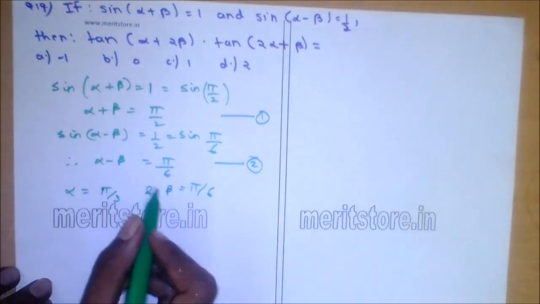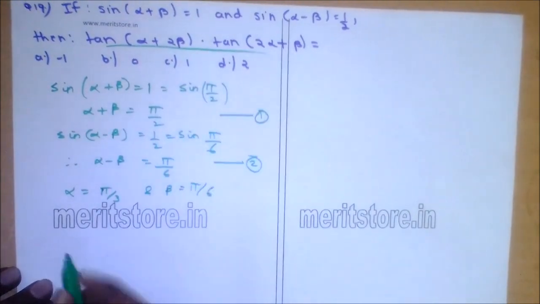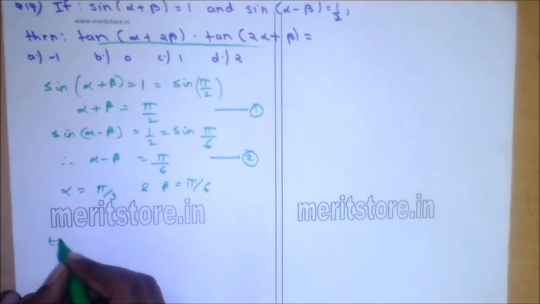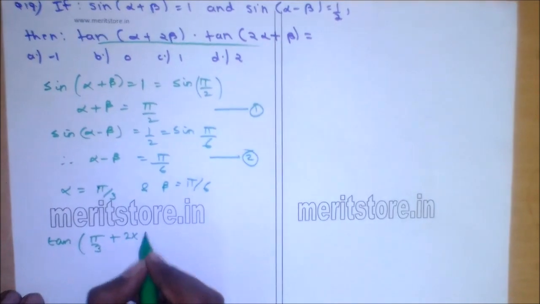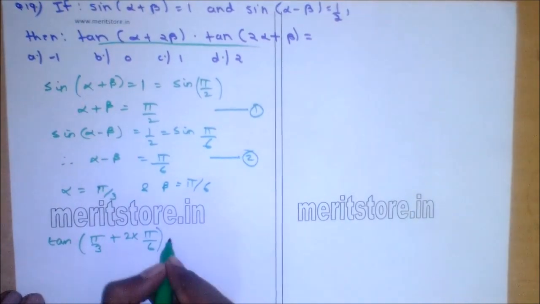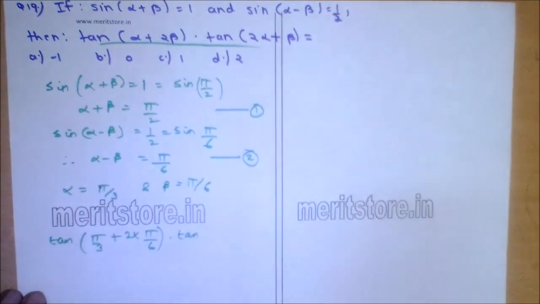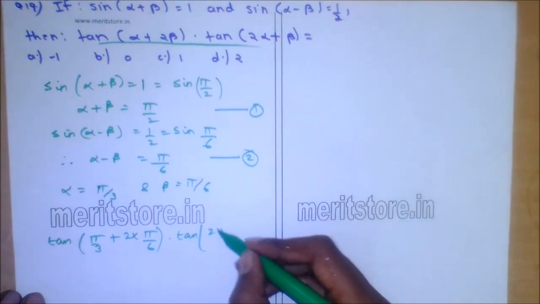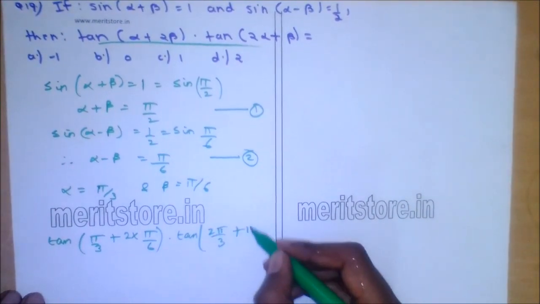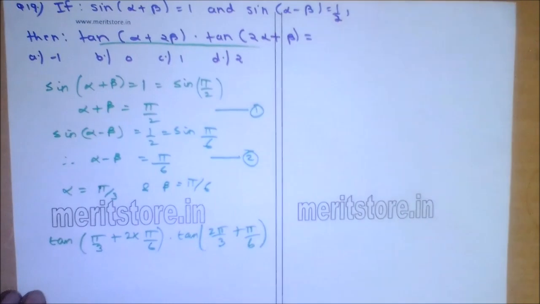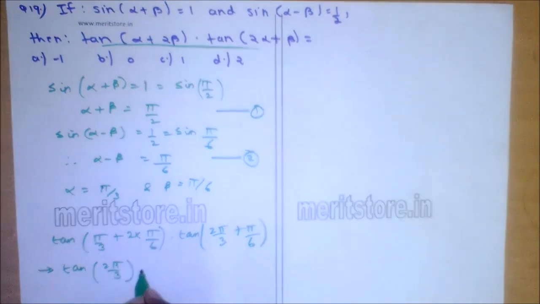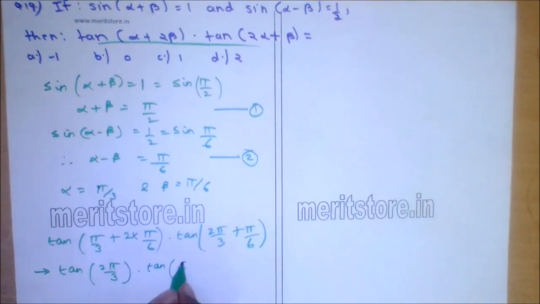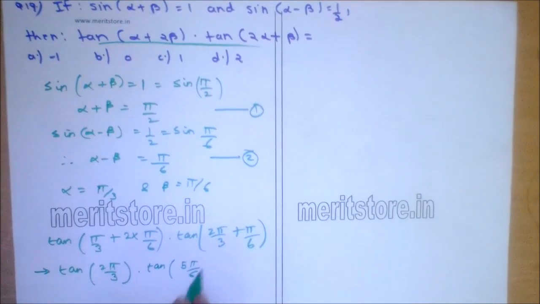So we substitute the values in this expression. We get tan of pi by 3 plus 2 into pi by 6 into tan of 2 pi by 3 plus pi by 6, that is tan of 2 pi by 3 into tan of 5 pi by 6.